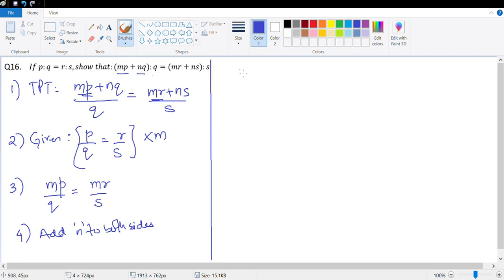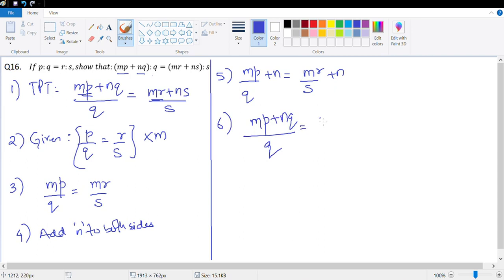What we get is MP upon Q plus N is equal to MR upon S plus N. Let's take the LCM. We get MP plus NQ upon Q is equal to MR plus NS upon S. That's exactly what they wanted us to prove. So hence proved.